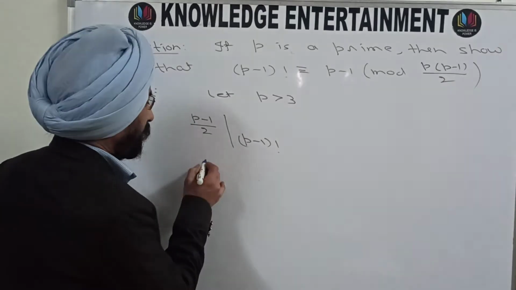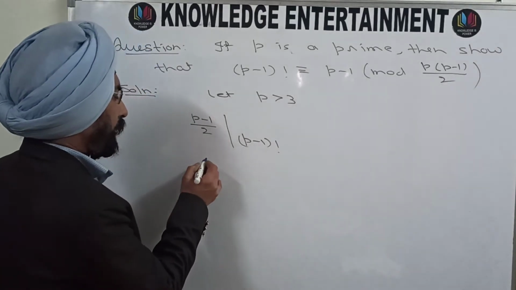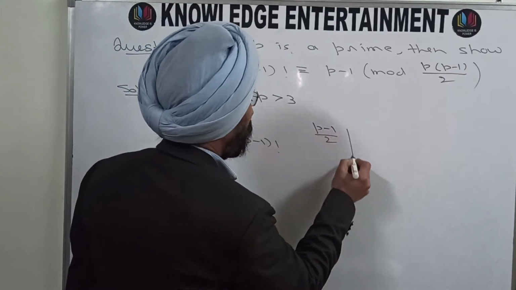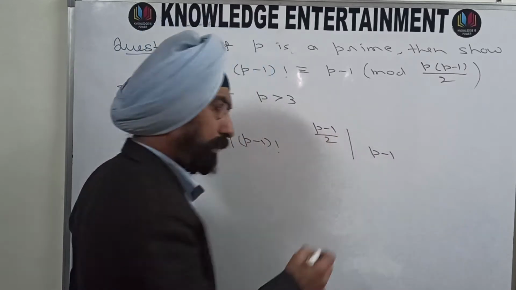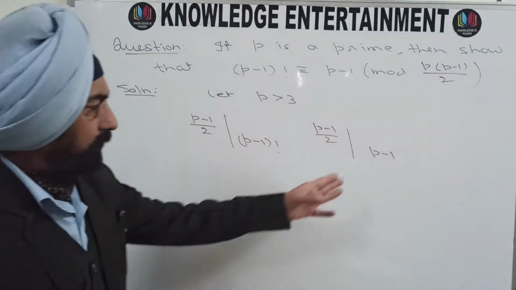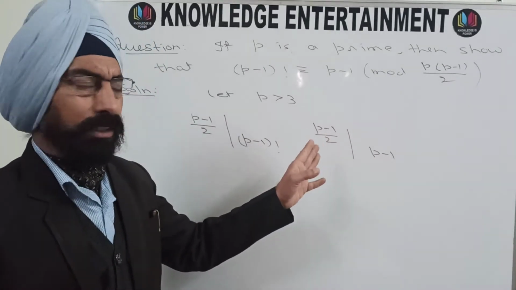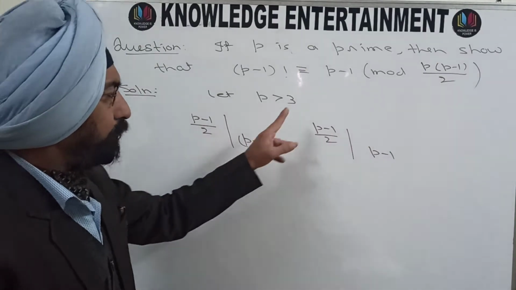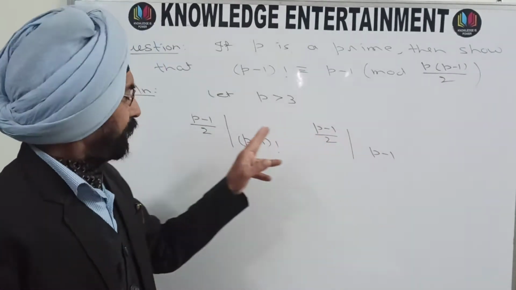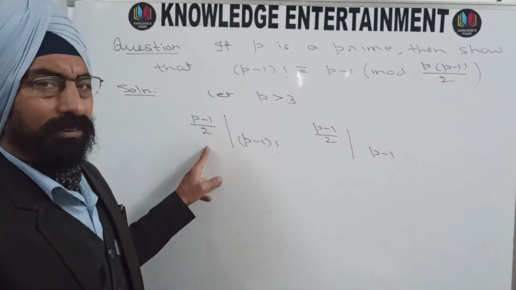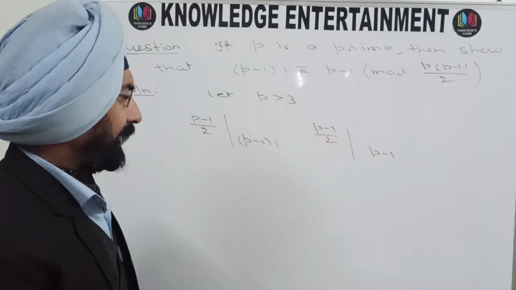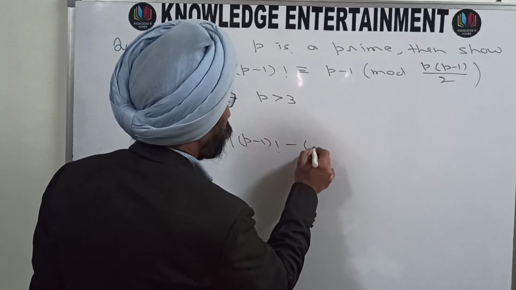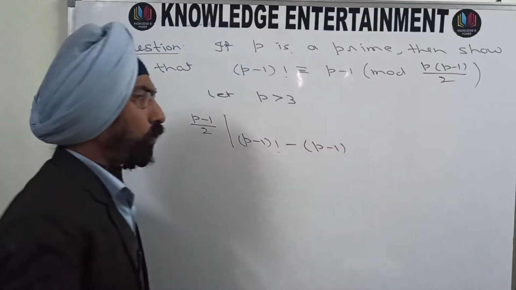Also, (P minus 1) by 2 divides P minus 1. Actually, this is double of this. So (P minus 1) by 2 divides this, and (P minus 1) by 2 divides this. That means (P minus 1) by 2 divides their difference, and their difference means (P minus 1) factorial minus (P minus 1).